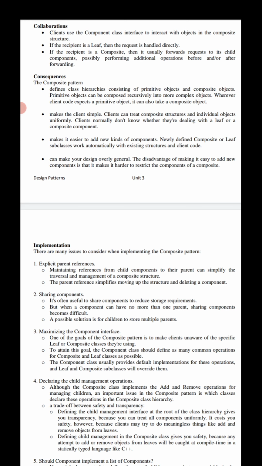And coming to the second key point, to make the client simple. Yes, clients can treat composite structures and individual objects uniformly. The client normally doesn't know and should not care whether they are dealing with a leaf object or a composite component.